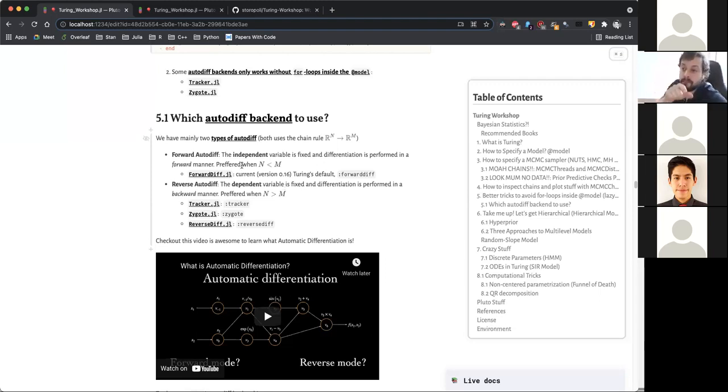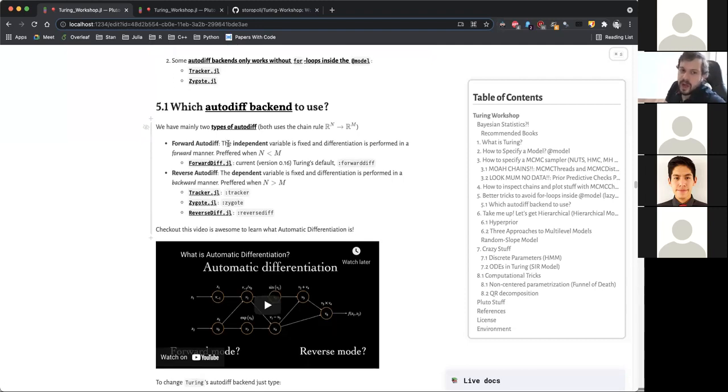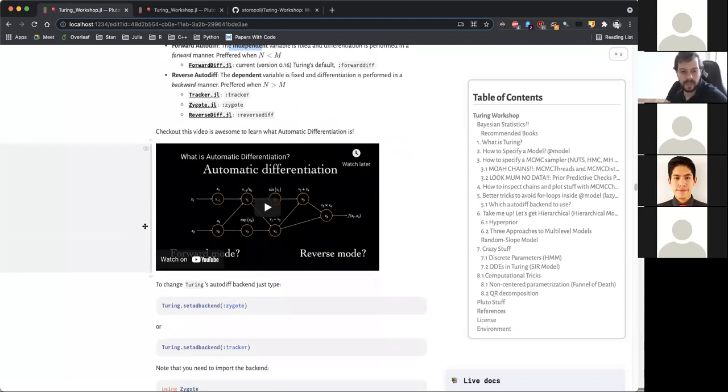And ForwardDiff is Turing's default, because in most Bayesian inference we have few inputs and a lot of outputs. So this is why Turing's default is ForwardDiff, the forward mode autodiff.